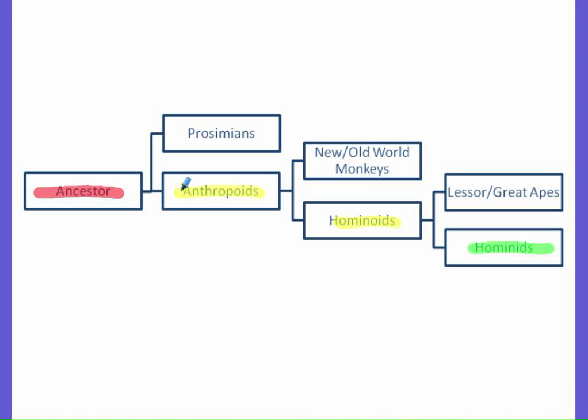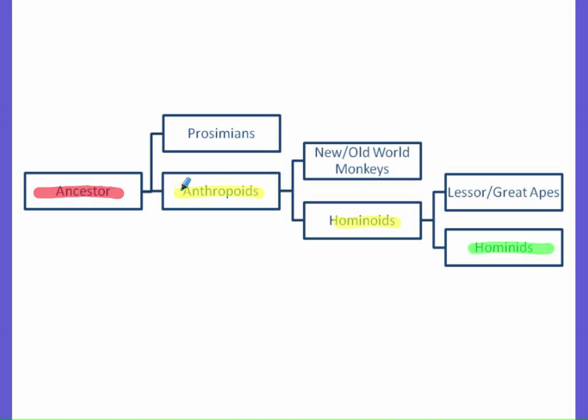And then finally, that last division there, we are the only hominid that still exists. There are others that we're going to talk about, but as far as things that are still around and not extinct, we're the only hominids, but we also have those cousins, those great apes like chimpanzees, gorillas, and the lesser great apes, the rest of them.